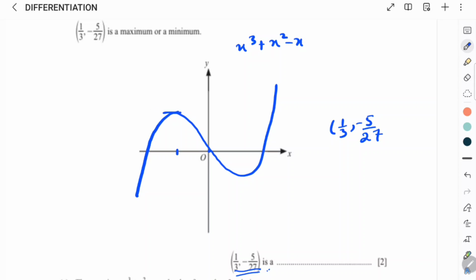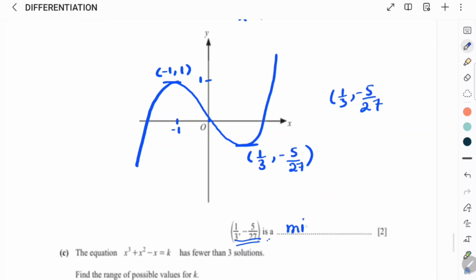Obviously minus 1 and 1 will be coming here, and that's a maximum point by sketching. And this is 1 over 3, which is a positive number for x and a negative number for y, and it's placed here. So that's why by sketching we know that it's a minimum point. Okay.